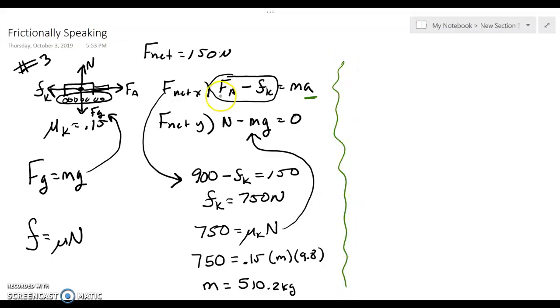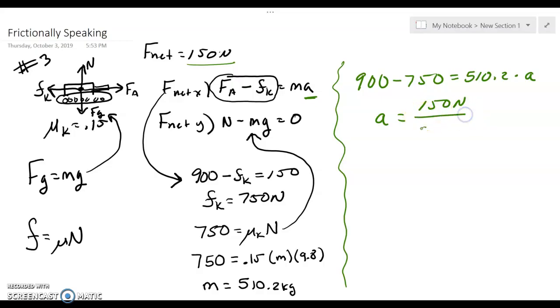Well, now that we know what Fa and Fk are, and we know the mass, we can just solve 900 minus 750 equals 510.2 times a. a is 150, that's the net force, we already knew that, 150 newtons divided by 510.2 kilograms.